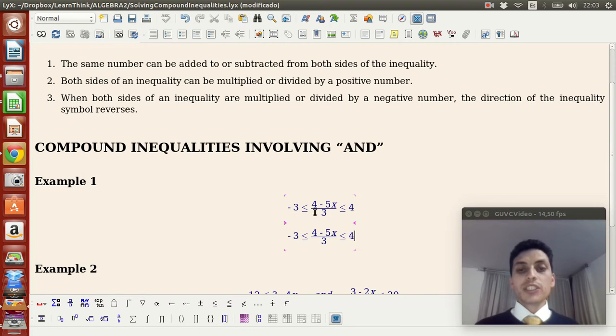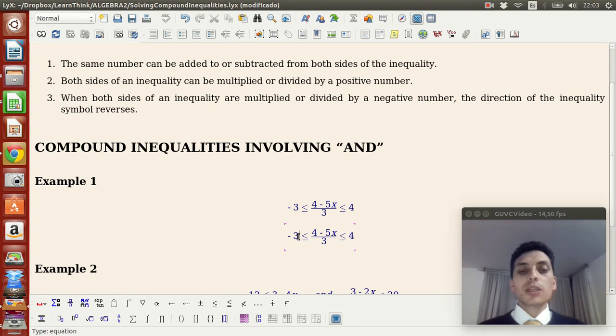Which is the first step? We're going to solve the inequality for x. The best way to start will be multiplying each side of the inequality by the denominator 3, and then we can get rid of the 3.